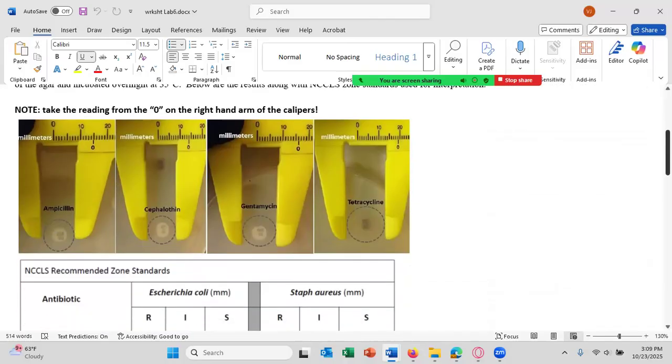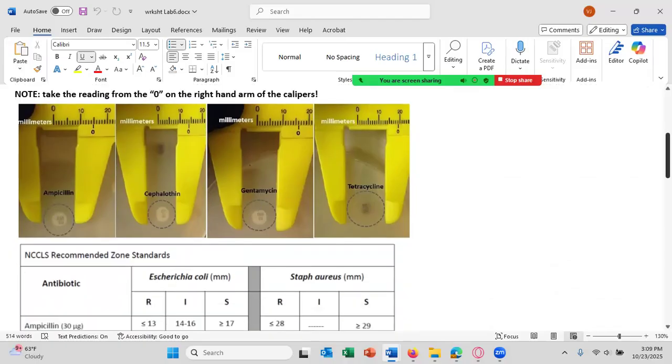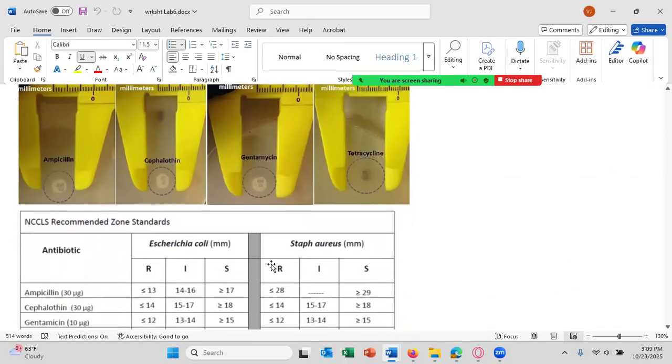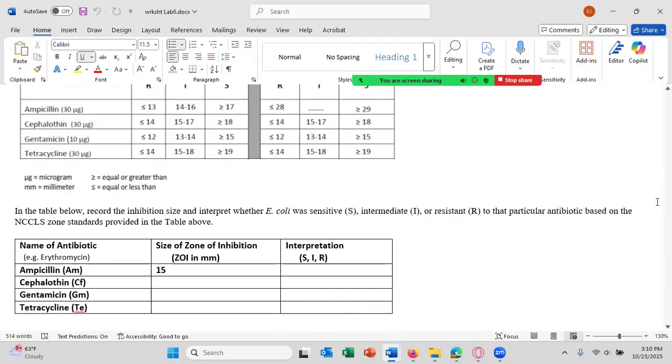In addition, we have the table from NCCLS about the zone standards for determining if the bacteria is resistant to the antibiotic or sensitive to or intermediate. And we're talking about E. coli and these various antibiotics. I'll do the first one for you and then fill in this table here.